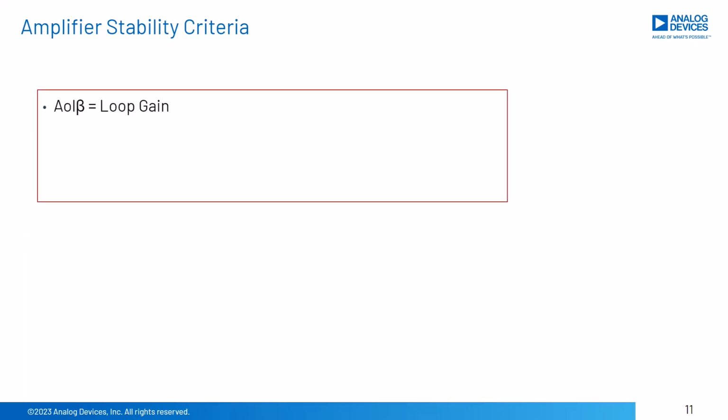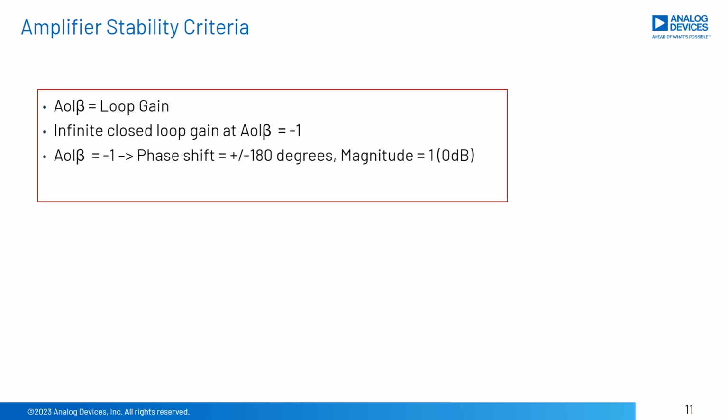Remember that we also refer to AOL beta as loop gain. Recall also that we have infinite closed loop gain when AOL beta equals -1. AOL beta equals -1 occurs when AOL beta's magnitude is 1, or 0 dB, and AOL beta's phase shift equals plus or minus 180 degrees. We will define FCL as the frequency where AOL beta equals 0 dB.